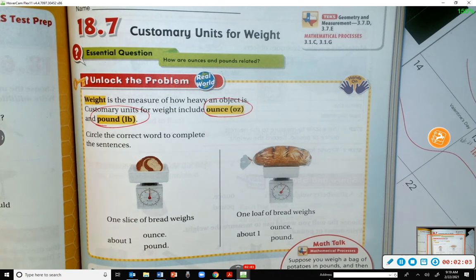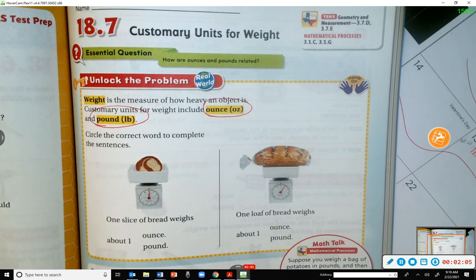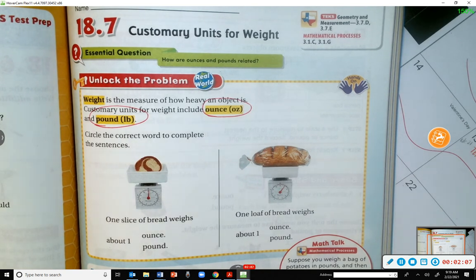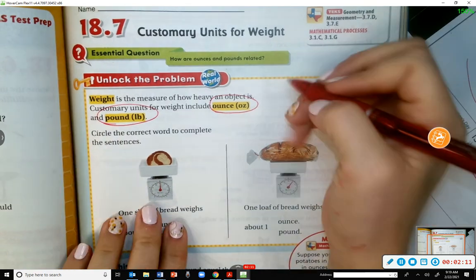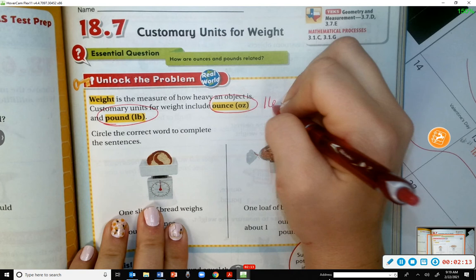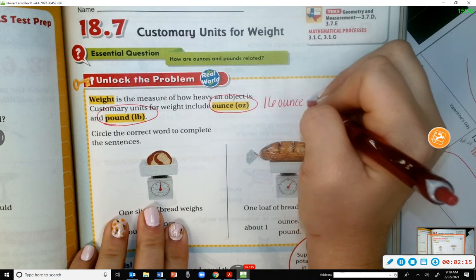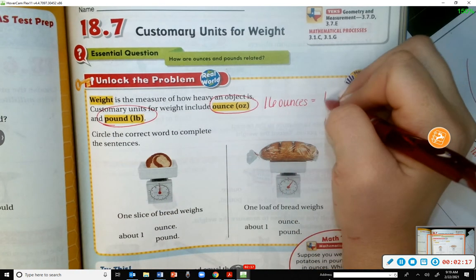Does anybody know how many ounces it takes to make a pound? No? There are 16 ounces in a pound. So 16 ounces equals 1 pound.